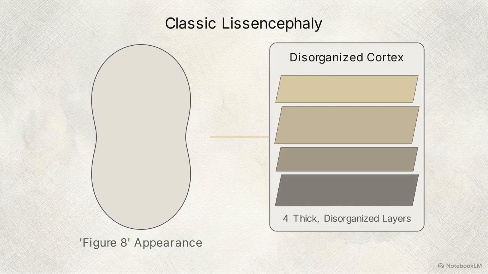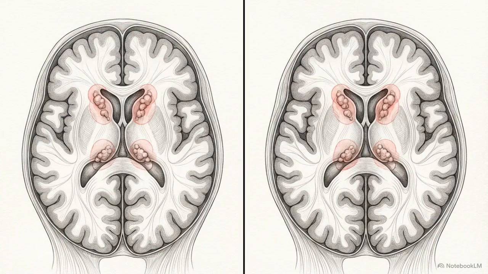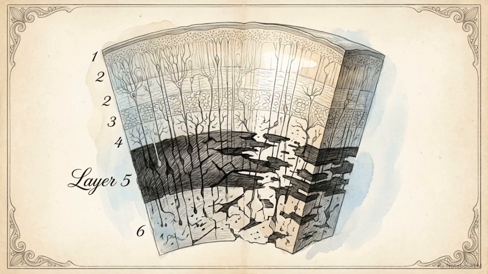If neurons never detach, periventricular nodular heterotopia occurs. Gray matter forms distinct nodules directly along the lateral ventricle's borders. To differentiate this from other pathologies, check the MRI signal. Heterotopia strictly follow gray matter intensity, distinguishing them from the brightly calcified subependymal tubers found in tuberous sclerosis. Even if migration succeeds, organization can still fail.